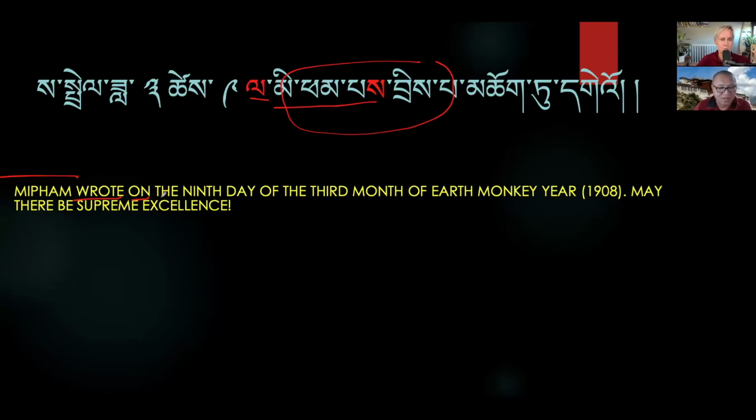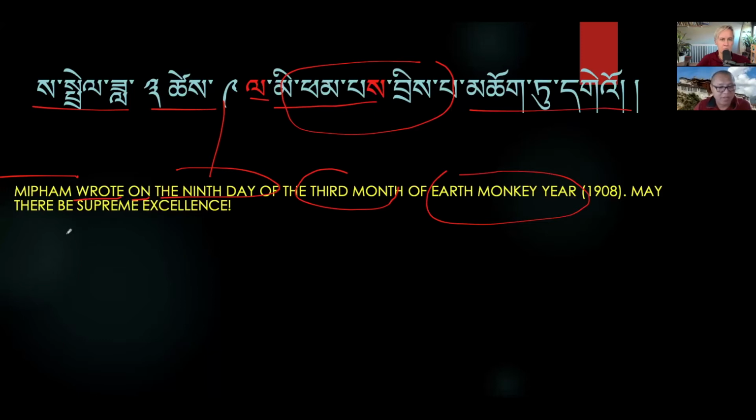In English, on the 9th day of the 3rd month and Earth Monkey year. Same thing from Stefan. And then Chotikyo means may there be supreme excellence, this kind of wish. This is a very, very short colophon.